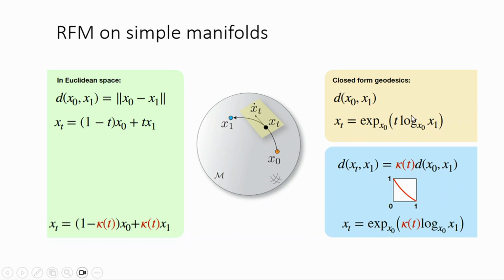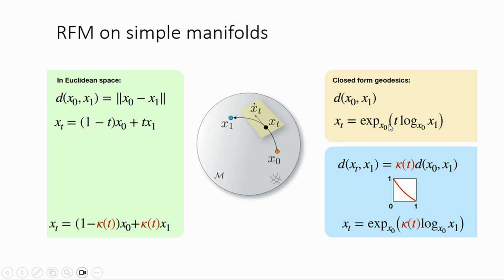So you can consider this as a new type of interpolation from x0 and x1, such that when t equals 0, you are at x0, and when t equals 1, you arrive at x1. And the t uniquely defines the interpolation from x0 to x1, such that if you move along that line defined by this log map and exponential map, you are moving along the shortest distance path, which is a geodesic.